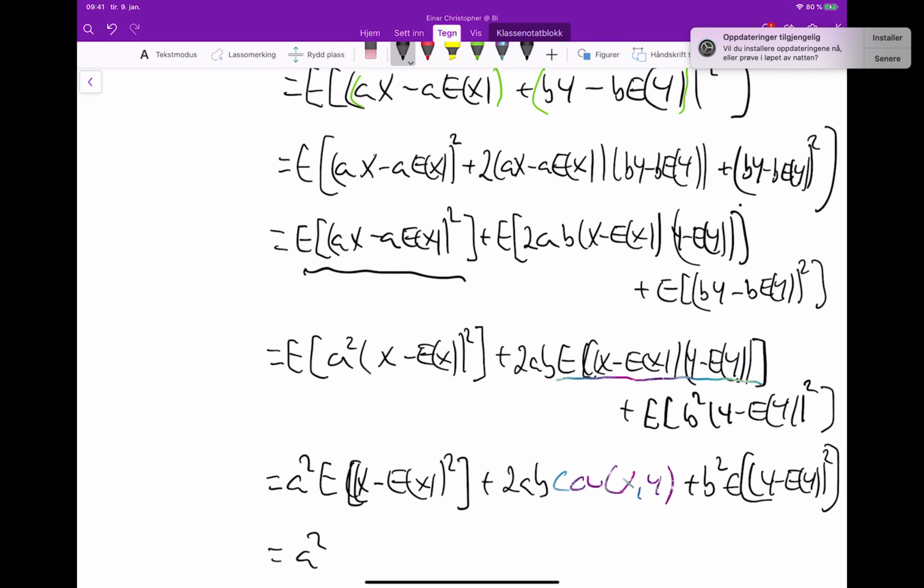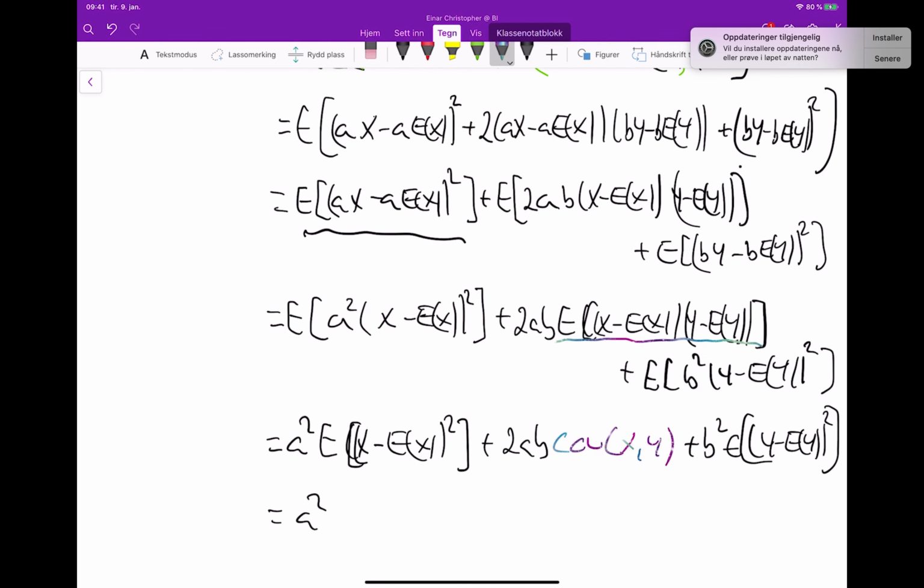And then we see that this first expression is nothing else but the variance of x, which we know from the rules, plus 2ab covariance of x comma y, and then this one, which is also nothing else but the variance of y.